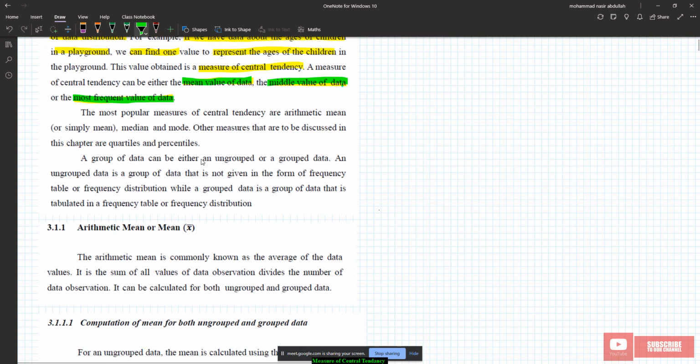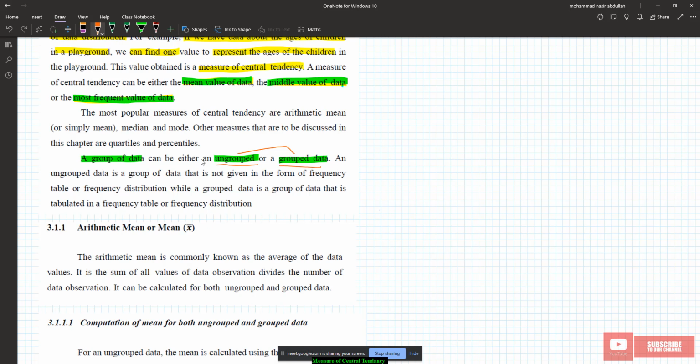So we have a group of data. A group of data can be either ungrouped or grouped data. So we're going to calculate mean, mode, and median for 2 types of data. First is ungrouped data. Another one is grouped data.